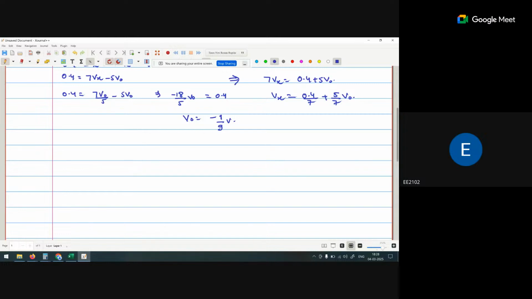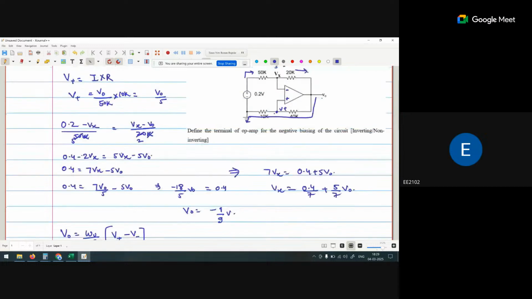Now what is V out? Simply omega u by s times V positive minus V negative, because it is a finite bandwidth operational amplifier. The voltage between the positive and negative terminals is Vd.